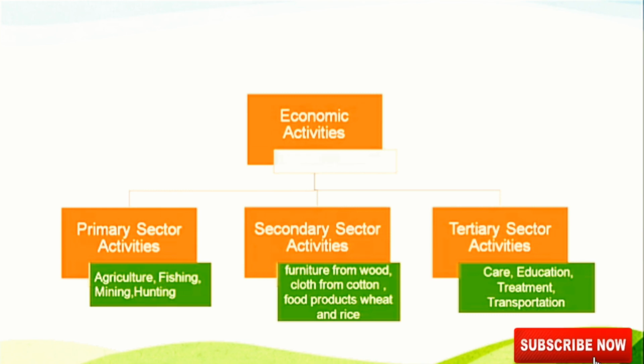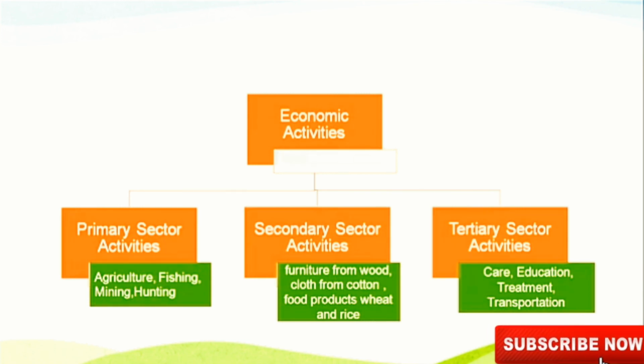There are certain activities which are part of the secondary sector. When we add value to the products which are prepared in the primary sector, it becomes part of the secondary sector. For example, furniture from wood, cloth from cotton, food products from wheat and rice.